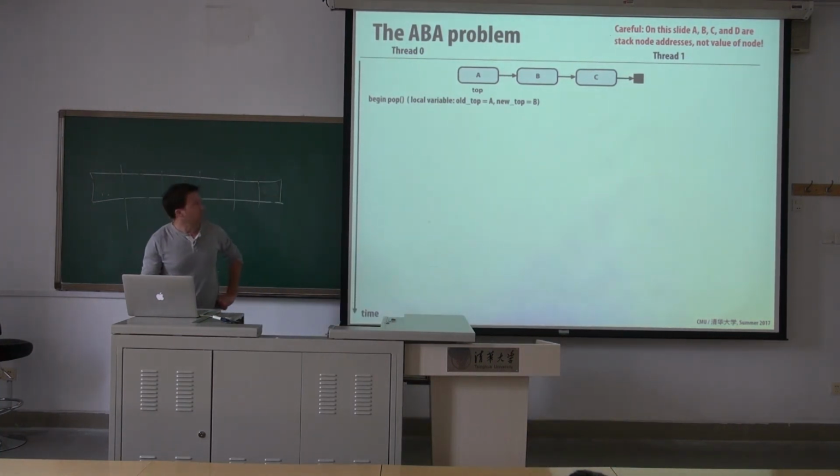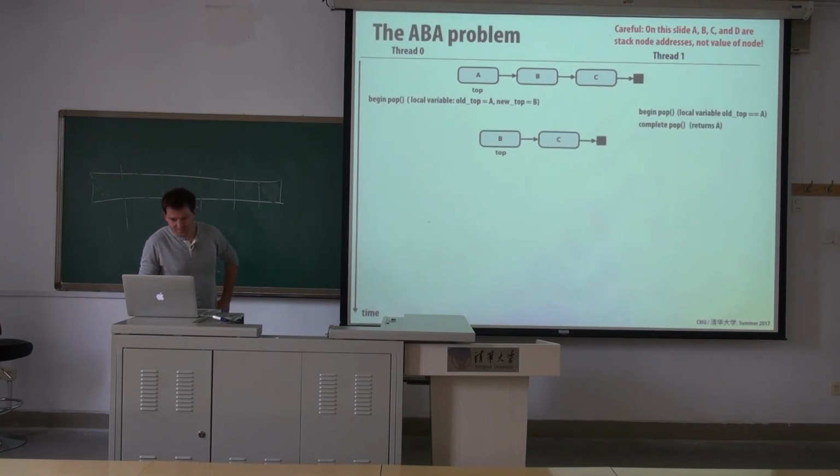Now, let's say that before thread 0 is able to commit the new top, before it writes new top as the top of the stack, thread 1 comes in and begins its pop. And so its old top is A as well.